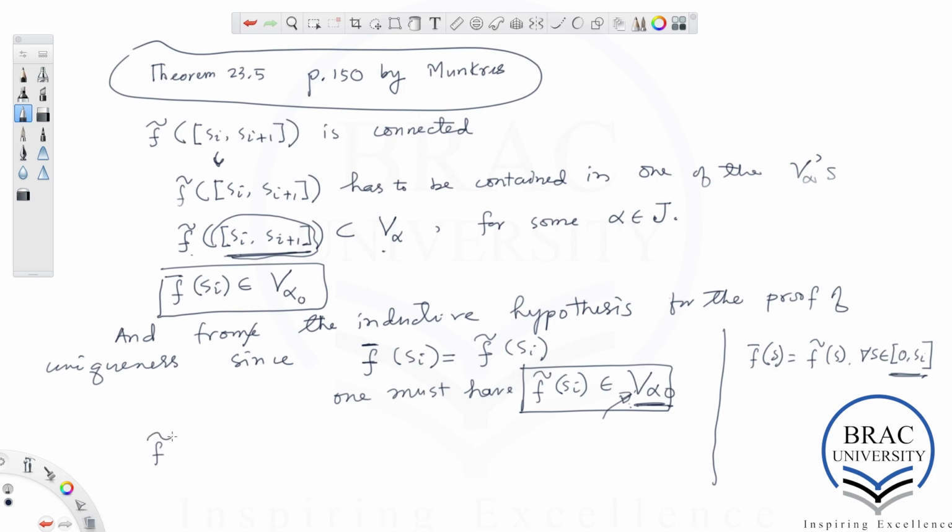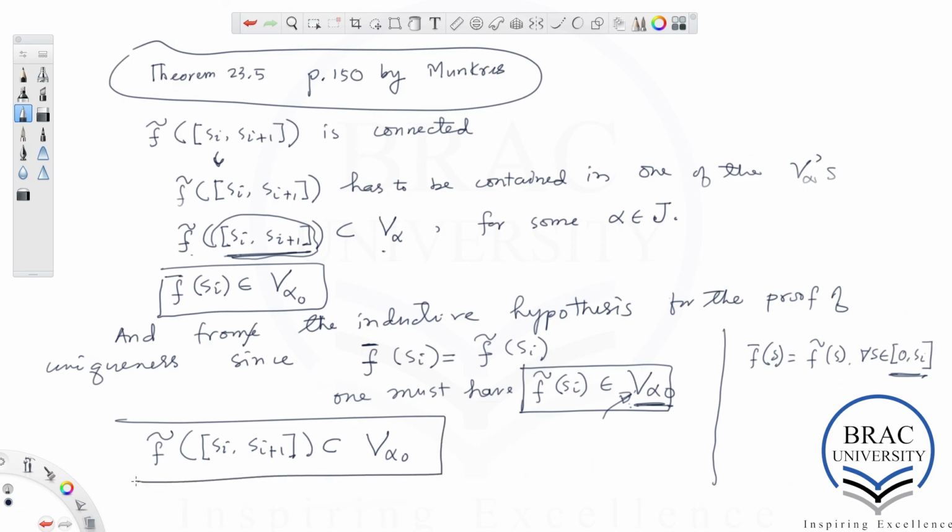So we must have F tilde of [s_i, s_{i+1}] contained in V sub alpha 0, the same slice. Good.